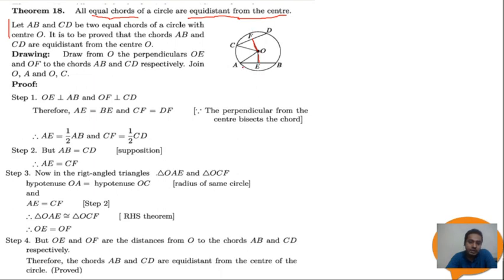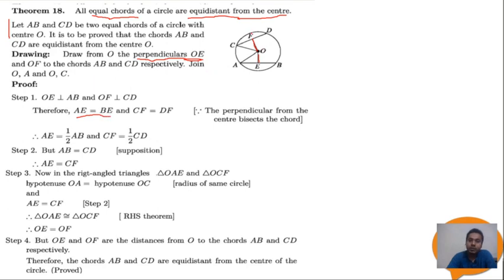OE is perpendicular on AB because this is a perpendicular distance, and OF is also perpendicular. So OE is perpendicular on AB. Then what can we say? OE bisects AB. That means AE is equal to BE.